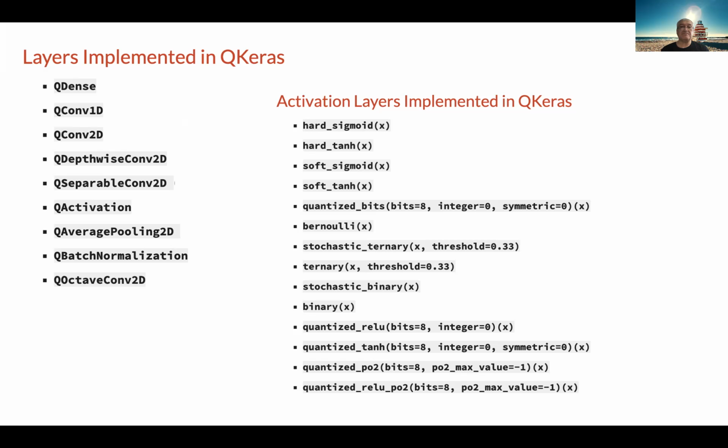Okay. So we have hard sigmoid, hard tangent, hyperbolic tangent, soft sigmoid, soft hyperbolic tangent, quantized bits, Bernoulli trials 0 to 1 with some probability, stochastic ternary, stochastic binary and binary, and then quantized ReLUs, quantized hyperbolic tangent, quantized power of 2. Power of 2 is basically exponent quantization, then quantized ReLU PO2, to name a few.